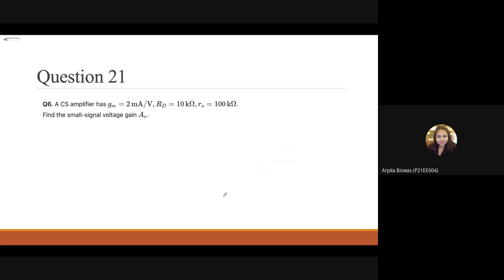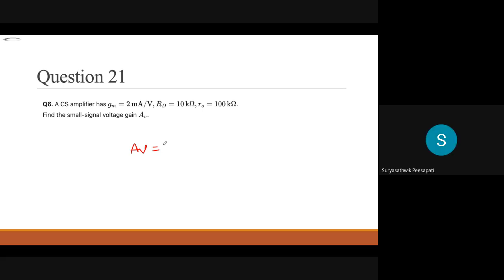So this is the question number 21. A common source amplifier has GM equal to 2 milliamps per volt, RD given, R0 given. Find out the small signal voltage gain AV. Tell me what is the equation, how to calculate this AV?